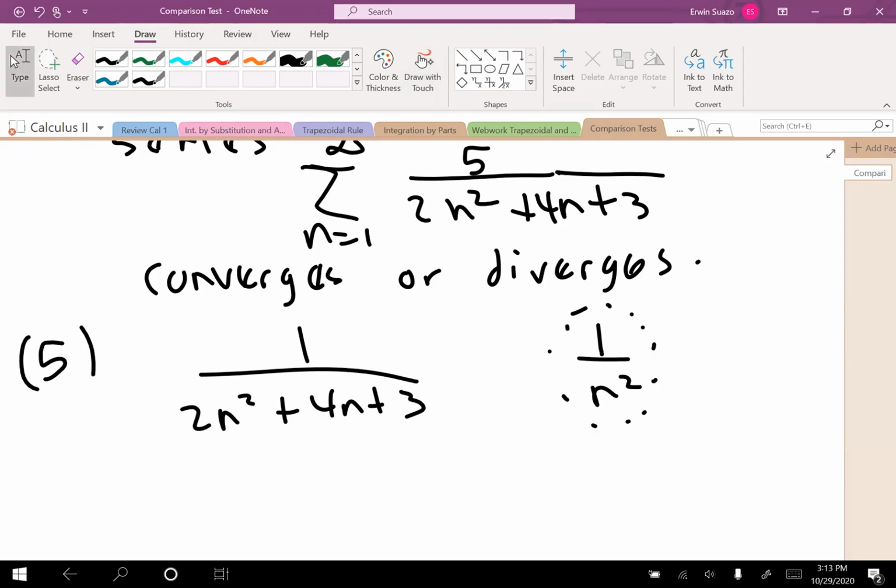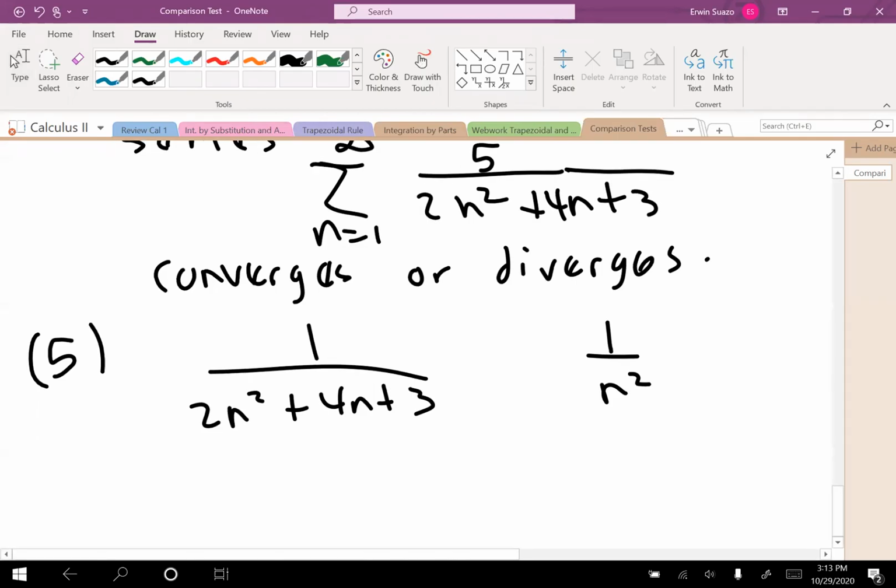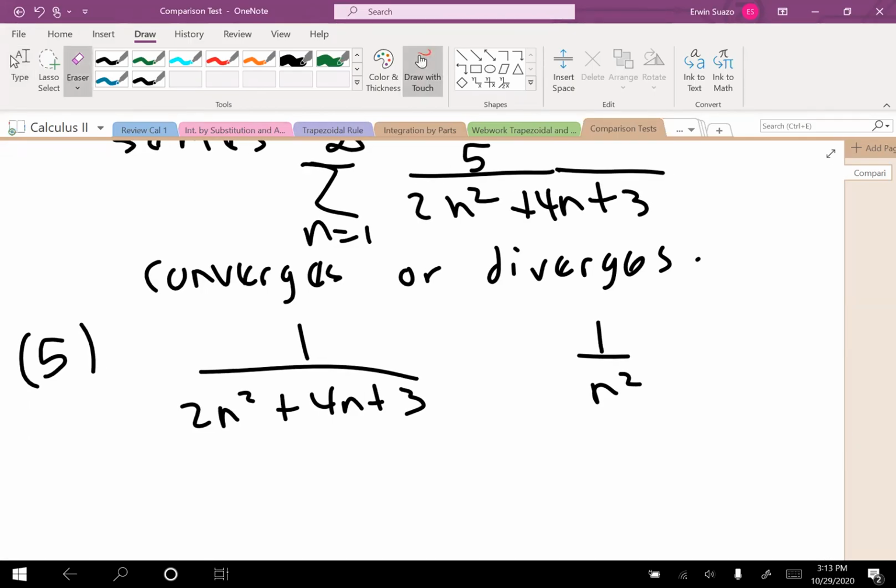So that looks similar, but maybe I can do better, right? Instead of 1 over n squared, in order to compare, how could I improve this? What do you think? What could be better than 1 over n squared, so I can compare these two guys? Let me put this 2 over here: 1 over 2n squared.